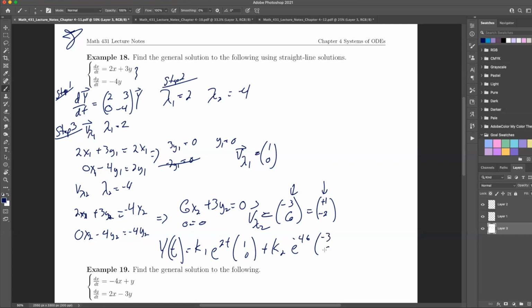If I put in -3, 6, then when I solve for k2, I'll get a different k2 than if I put in 1, -2, right? In fact, the difference between that k2 would be a factor of -3. If I took whatever k2 I solved for this one, multiplied by -3, I'll get whatever k2 I got for the other one. So this constant allows this to be any vector which satisfies the equation.